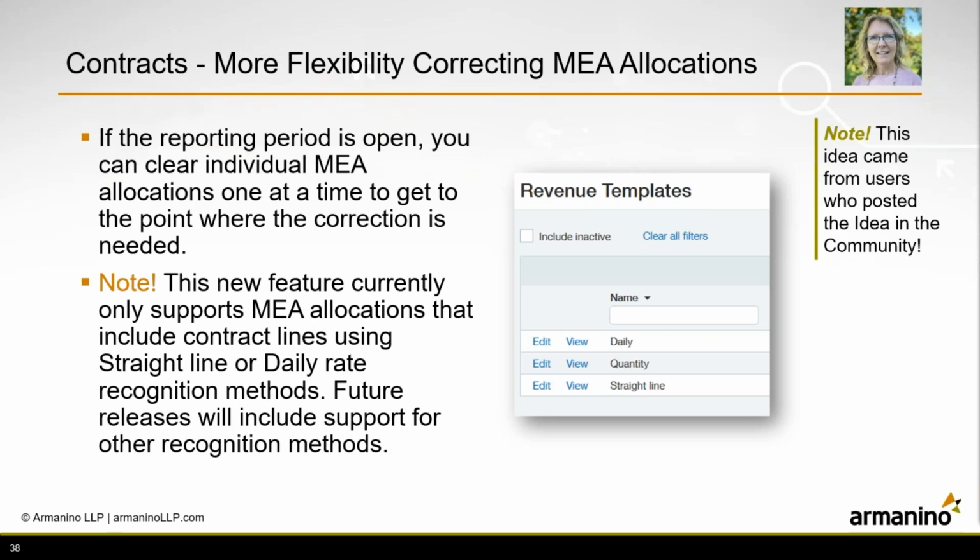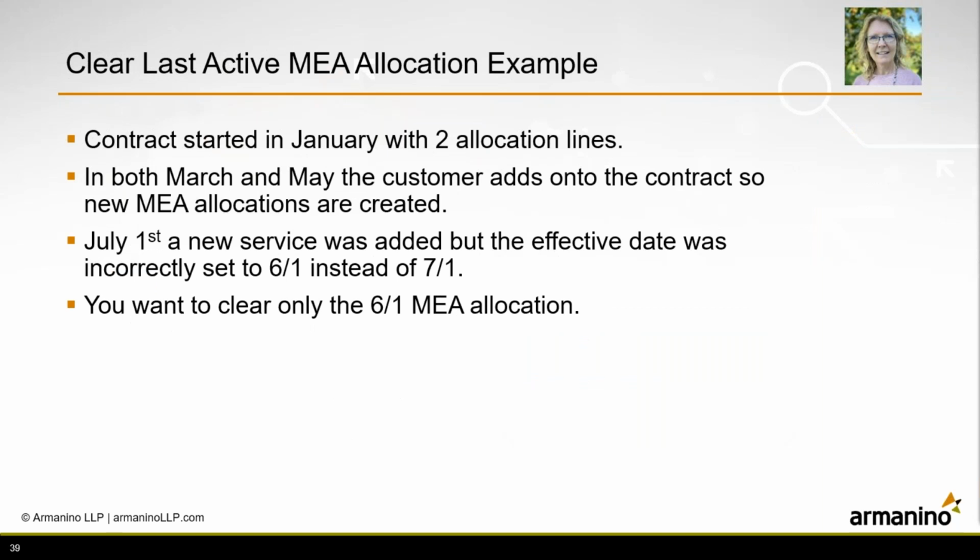One note here is that this feature only supports straight line or daily rate recognition methods right now, but it will be supporting other recognition types in the future. Intacct is promising they'll continue to add the other types of recognitions as well. So what that looks like is you have a contract that started in January and maybe it had 2 allocation lines.